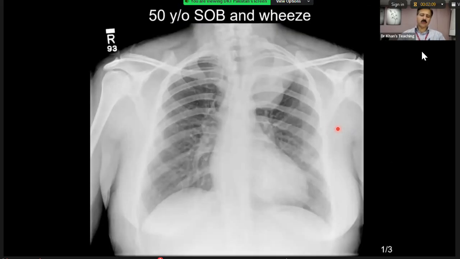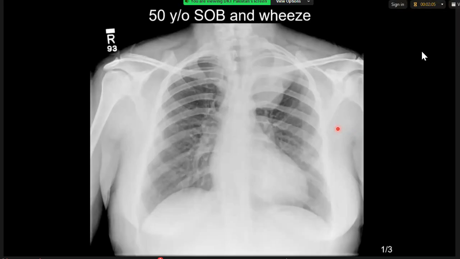Last case of the day. Okay, so 50-year-old man, shortness of breath, frontal chest radiograph. There is a mediastinal mass projected over the left apical region.